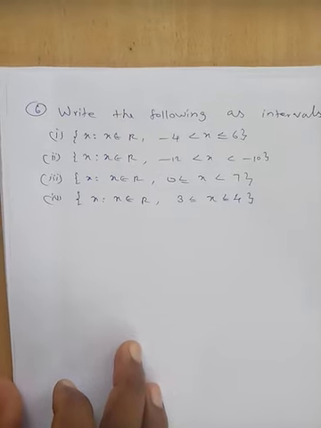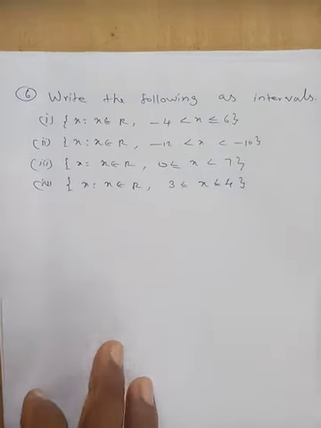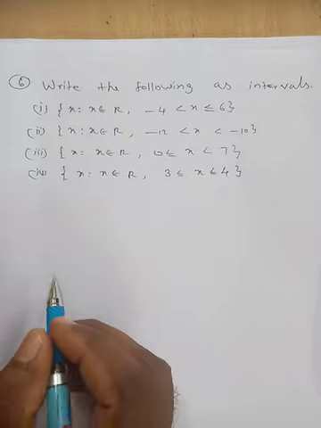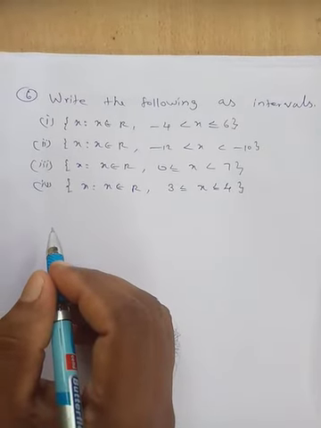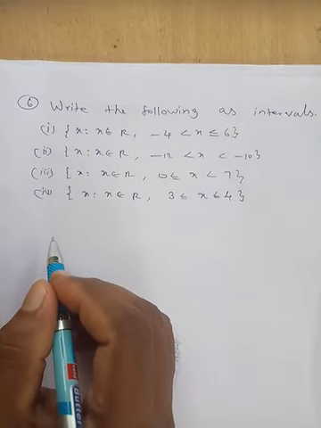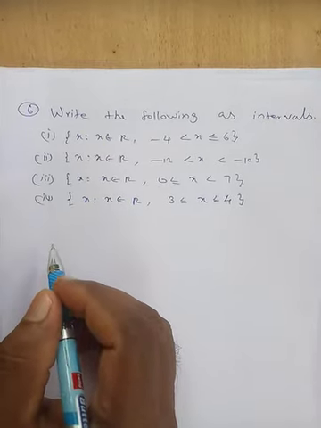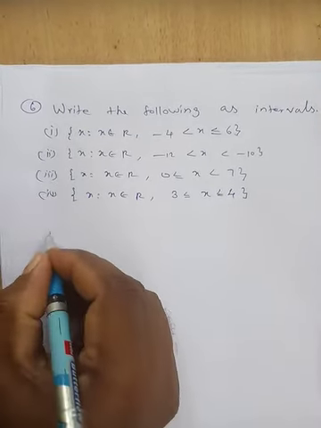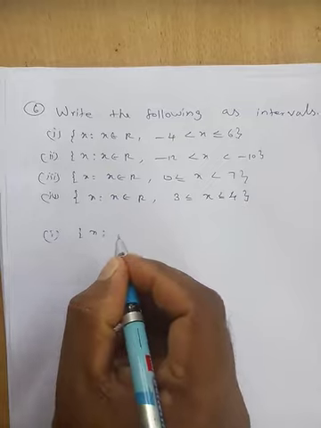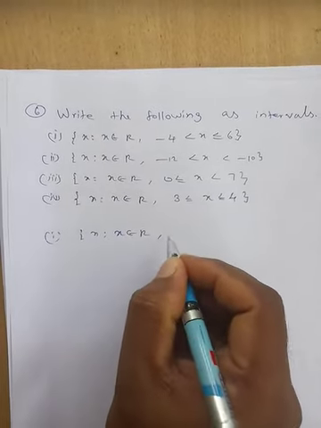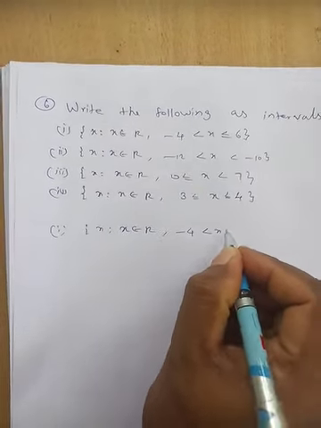Question number 6. Write the following as intervals. First question: the set of x such that x belongs to R, minus 4 less than x less than or equal to 6.